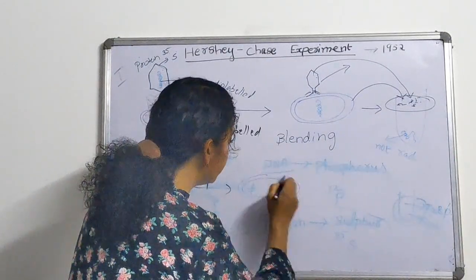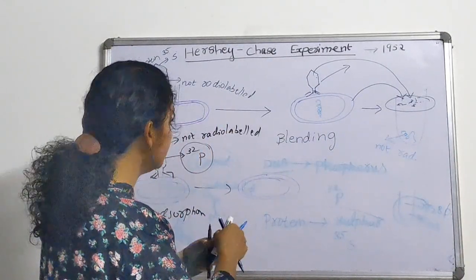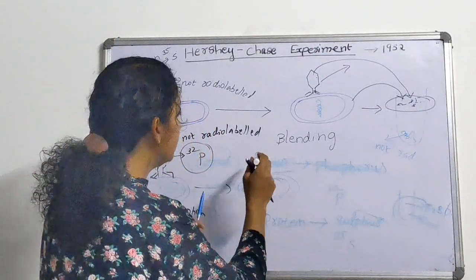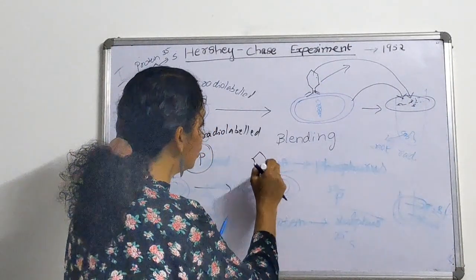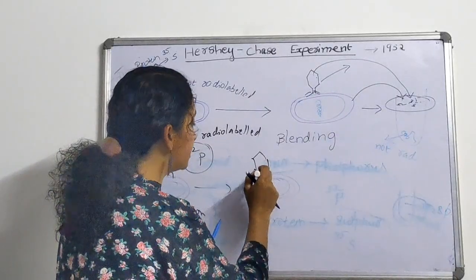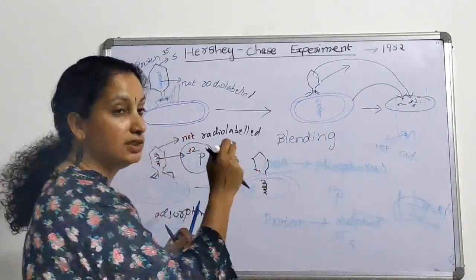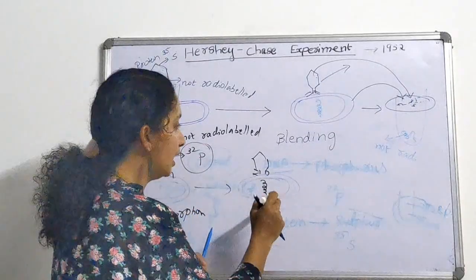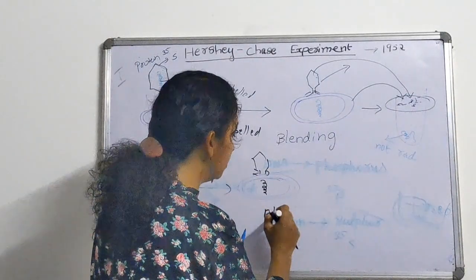So this is the bacterium, and the genetic material has entered. The genetic material is radio-labeled. Okay, and outside, what is staying? The same capsid protein, the protein sheath along with the tail plate and tail fibers, and the blending will be carried out.